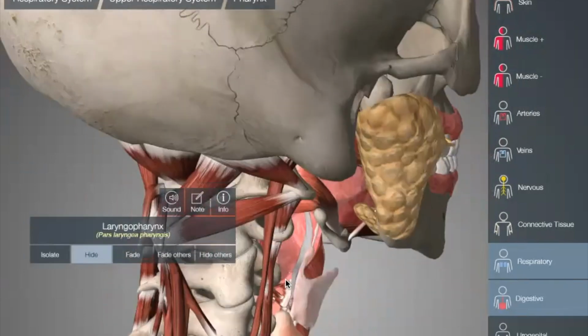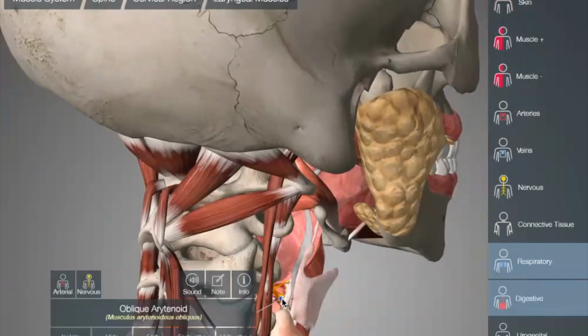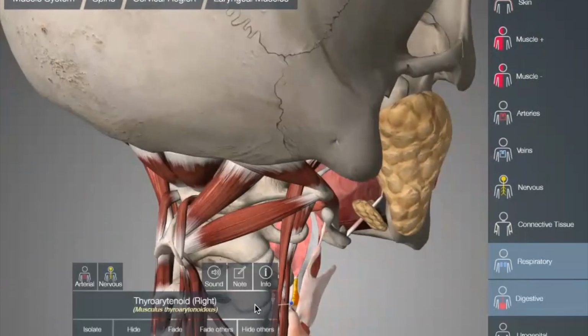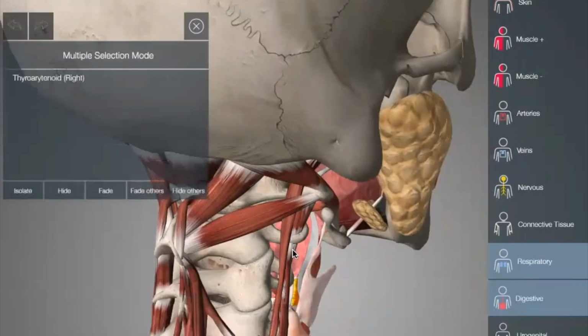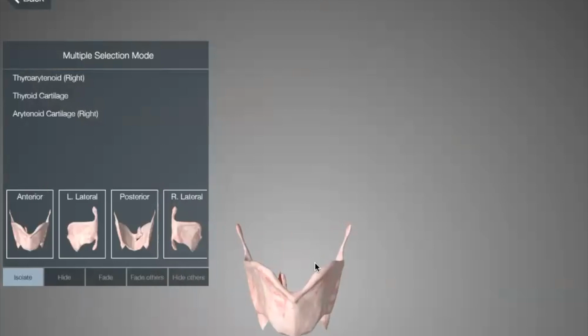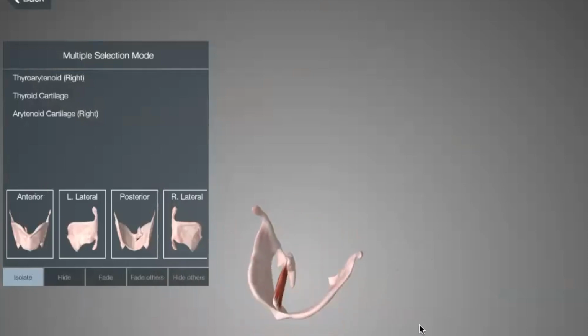Thyroarytenoid. Maybe this one. No, that's the transverse arytenoid. Oblique arytenoid. Yes, here. Let's select them. One, two, three. Isolate. Look. This is the thyroarytenoid. Now watch. Wow, I love this actually.